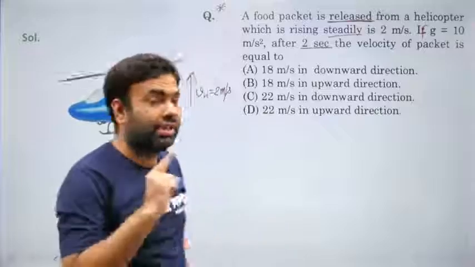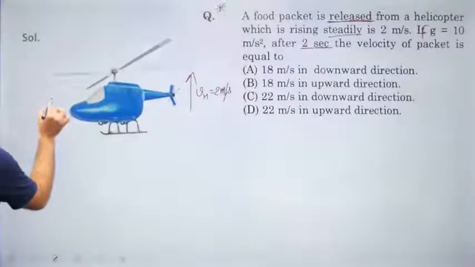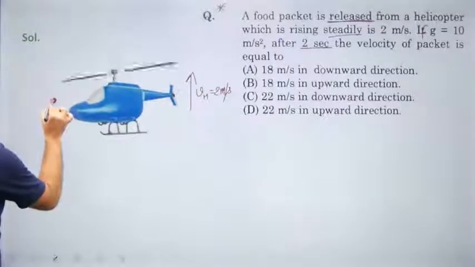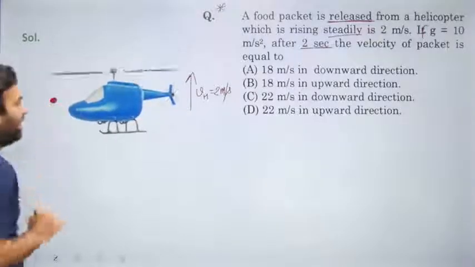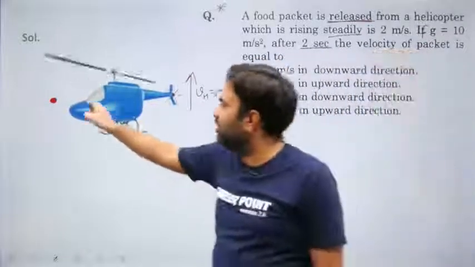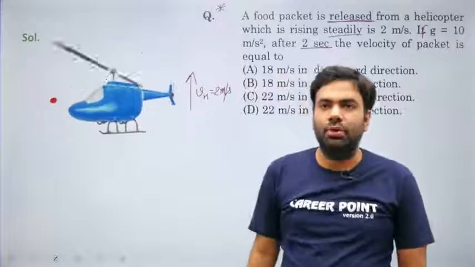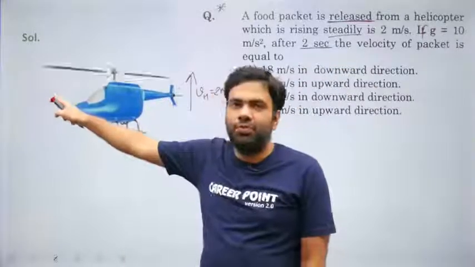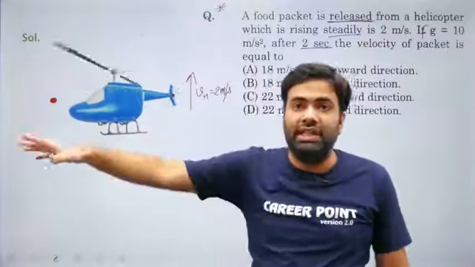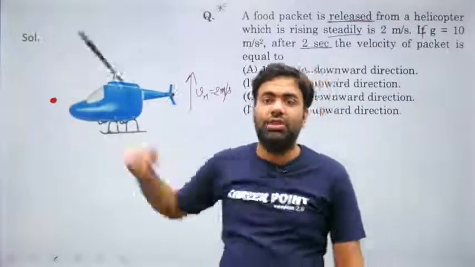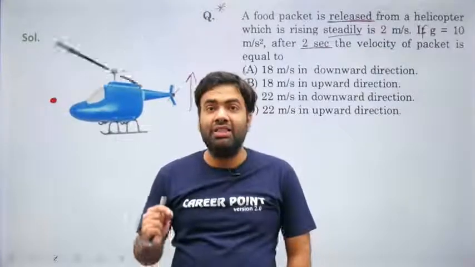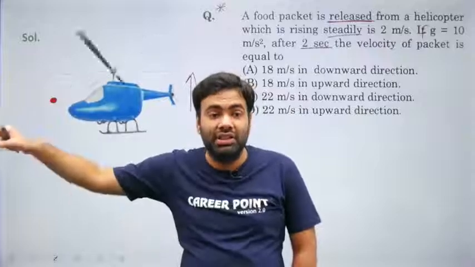So remember this, whenever anything is released, if this food packet is released by a person sitting in the helicopter, what will be its initial velocity? Just after the release, what will be its initial velocity? Its initial velocity will be the same as the velocity of the person who is releasing it.